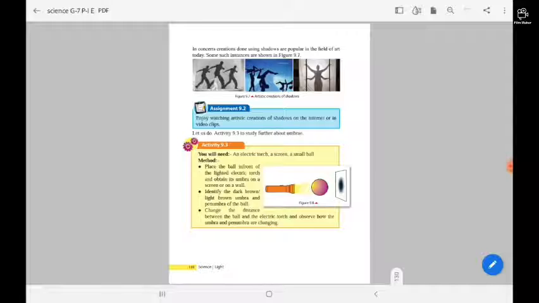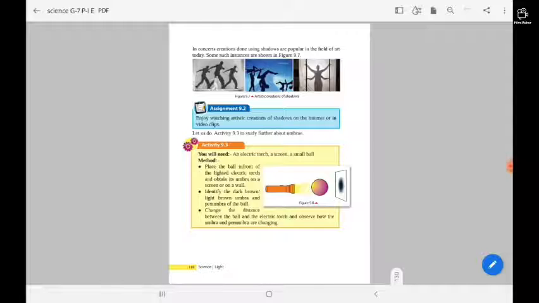Then identify the dark umbra and penumbra of the ball. So in there I think you can see there's a darker one and a lighter one. So let's see what that is.